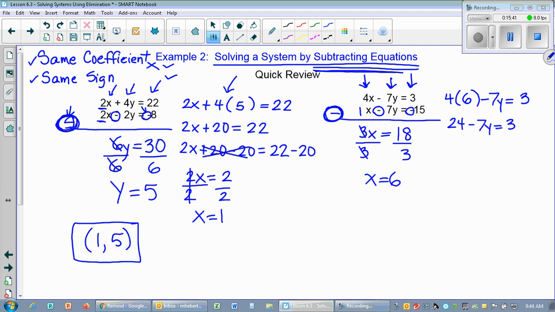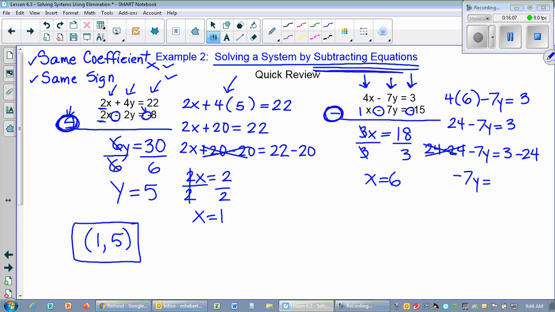We need to get the negative 7y by itself, so we have to move the 24 to the right. So the opposite of plus 24 is minus 24. And then we have minus 7y equals 3. If we subtract 24 on the left, we have to subtract 24 on the right. So 24 minus 24 cross cancel each other out, leaving you with a negative 7y.